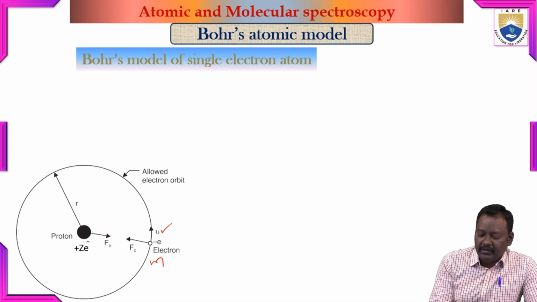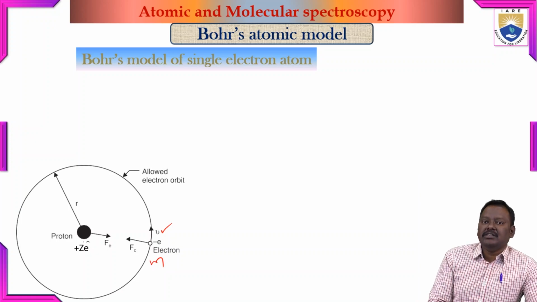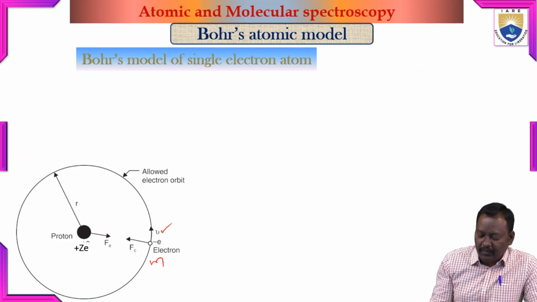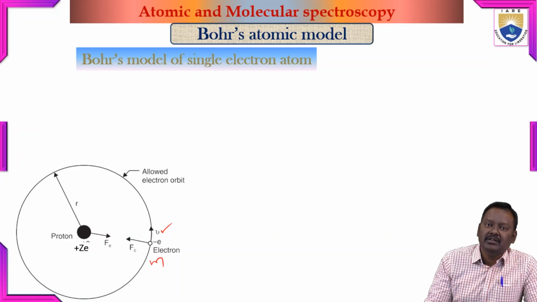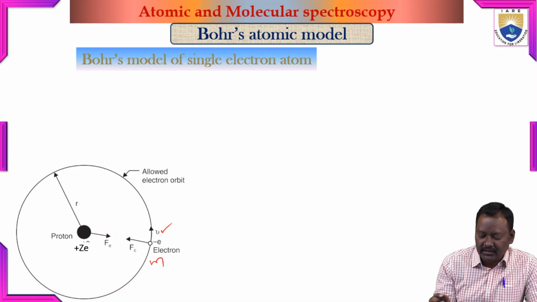Okay, so if the electron is moving inside this particular orbit, this must follow the condition that centripetal force must be equal to Coulomb force, as explained earlier.